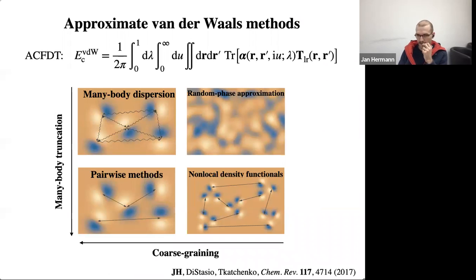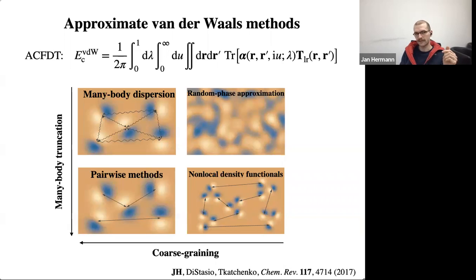I said that there's a zoo of methods, and it turns out you can classify them to some degree along 2 main axes, which is the plot here. On the x-axis, you would be dividing the models into whether they are modeling the electron correlations coarse-grained on the level of atoms, say, or whether they are fine-grained, really modeling the continuous real-space density of electrons.